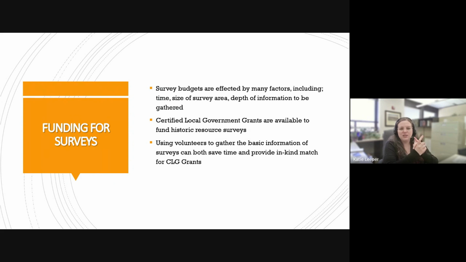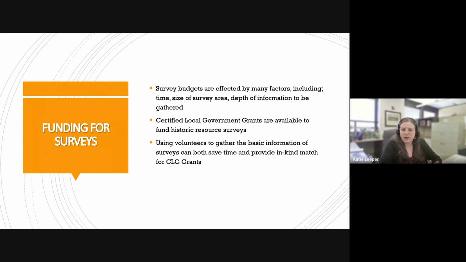The timing is somewhat difficult, but to provide in-kind match for CLG grants. Essentially, the reason the timing could be hard is you need to make sure the volunteer time comes after you have received the grant. Otherwise, it will not count towards the in-kind match. But just know this is something that you can do.